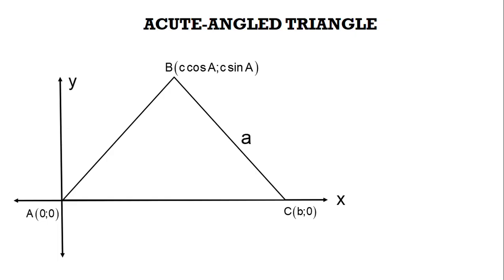Now, because this is a triangle, the side which is opposite to the vertex A will be small letter a, and then the side opposite to B will be small letter b, as well as the side that is opposite to C will be small letter c.